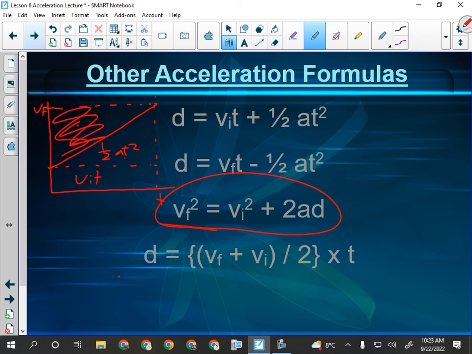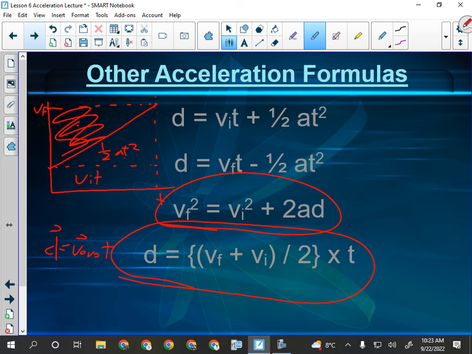Okay, this one here, we don't use very much. We use it occasionally, but it does require the acceleration to be uniform. In fact, the question must explicitly state that the acceleration is uniform if this one is going to apply, because what this one's really doing is just average velocity times time.